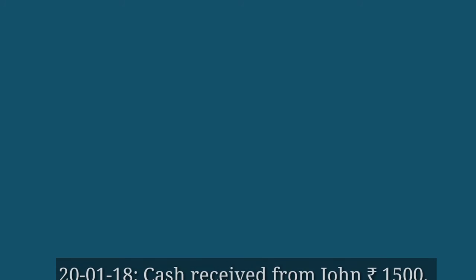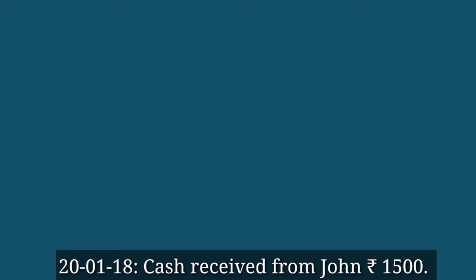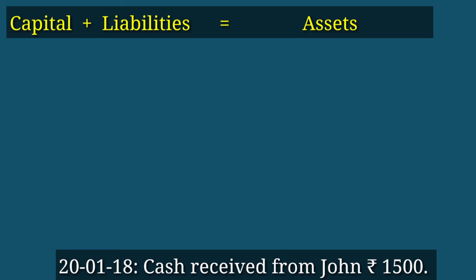And the next transaction is on 20th January 2018, cash received from John rupees 1500. Here we are receiving rupees 1500 from John. Who is John? John is a debtor. So we are receiving the money from the debtor.